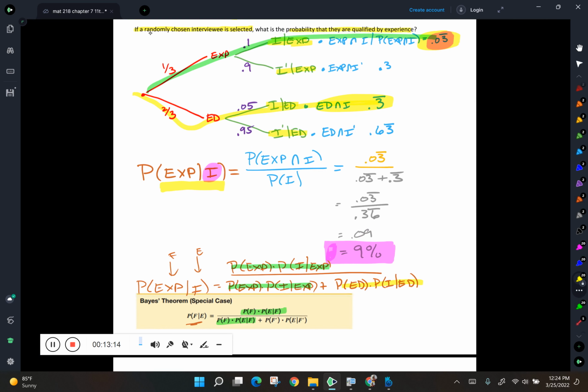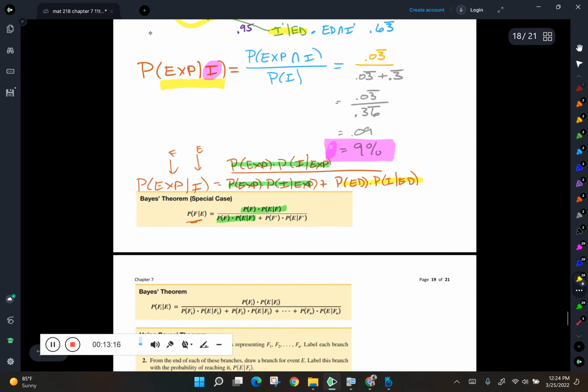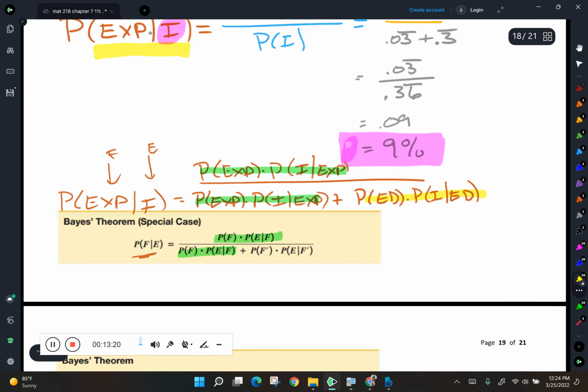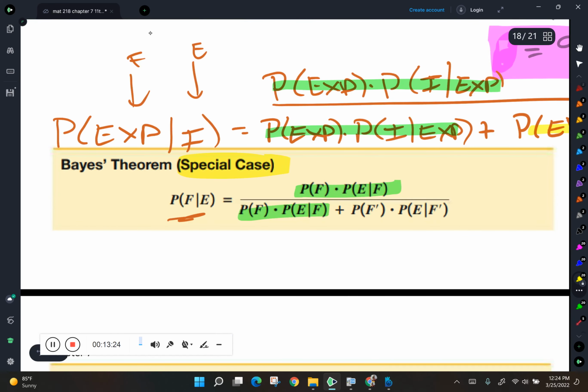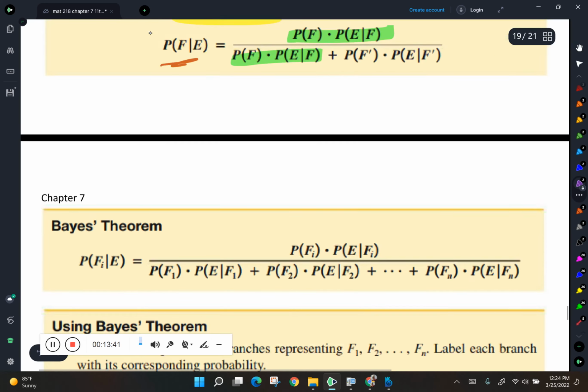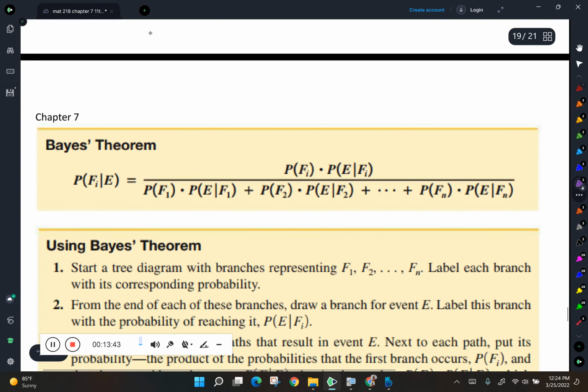So Bayes' theorem allows us to take conditional probability and change the direction of it. Now, why is this called the special case of Bayes' theorem? Well, what it should be called is the least complicated version of Bayes' theorem, because this is Bayes' theorem in general.